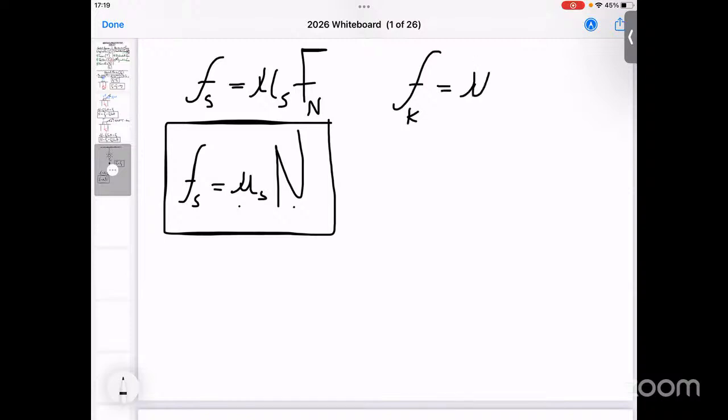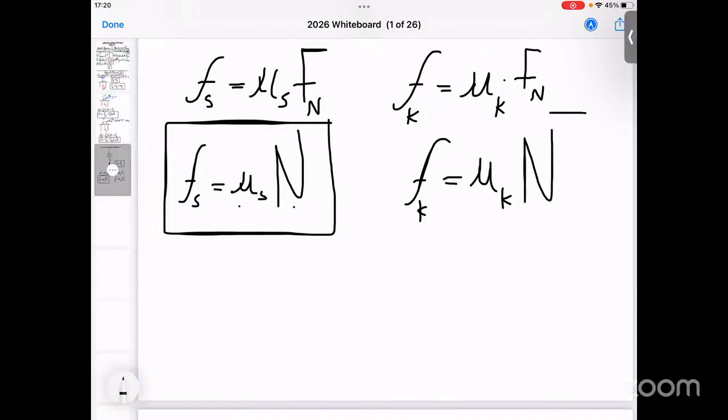Here we will have mu again, but with k, and then again you multiply it by the normal force. Otherwise, sometimes it can still be written as mu and then capital letter N for the normal force.